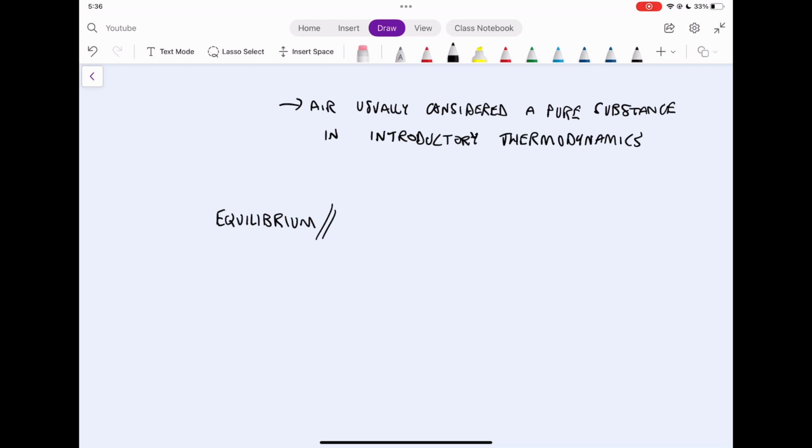Now, the next definition that we want to go over is the definition of equilibrium. It is very important for us to understand what equilibrium is and how we can use it to our advantage in our study of thermodynamics. This equilibrium definition only really works when you have slow-moving processes.